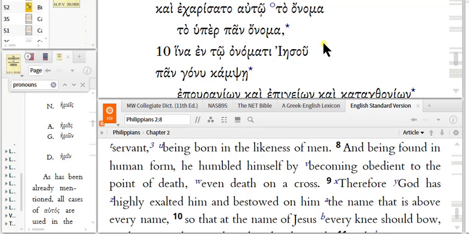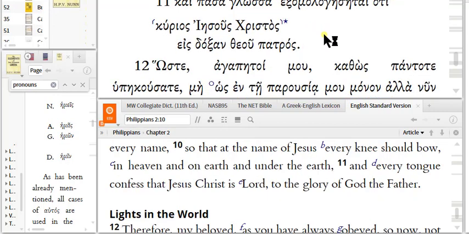Okay? But it's also possible that this genitive of Jesus is not a genitive of apposition, but a genitive of possession, which is to say, at the name of Jesus is at Jesus's name, or the name that Jesus has, or maybe to put it another way, at the name that Jesus gets. What is the name that Jesus gets? Kurios. Right there. Right?